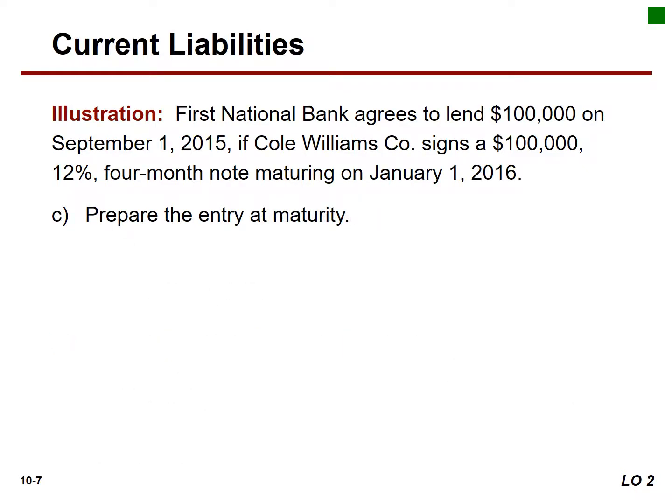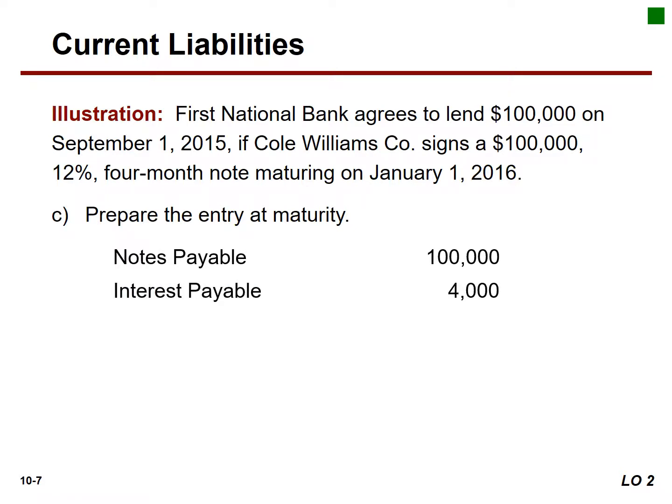And then finally, when the note is paid in full, we're going to debit notes payable, debit interest payable for the $4,000, and then credit cash for the amount of cash we have to pay back to the bank on the maturity date of January the 1st.